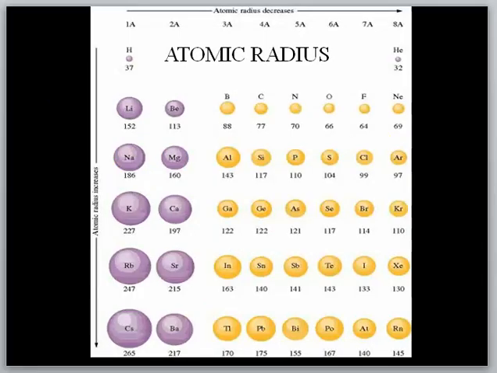So radius trends, okay? You never want to discuss a free response with, oh, the periodic trends say it gets smaller this way and bigger that way. That is not an explanation. You need Coulomb's law. So I'm assigning you some FRQs so that you can learn to word those correctly.